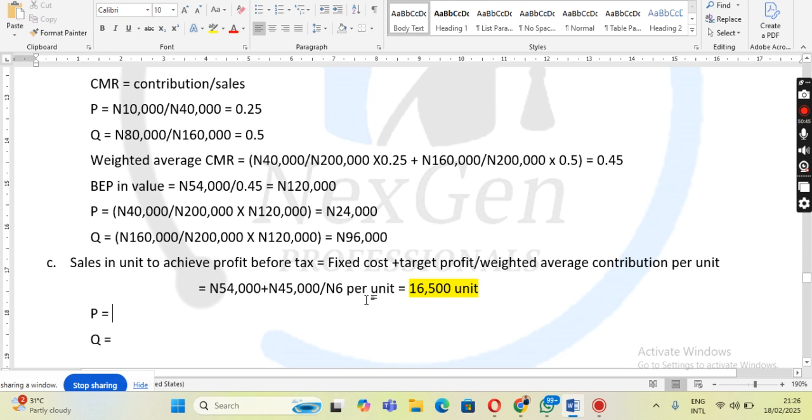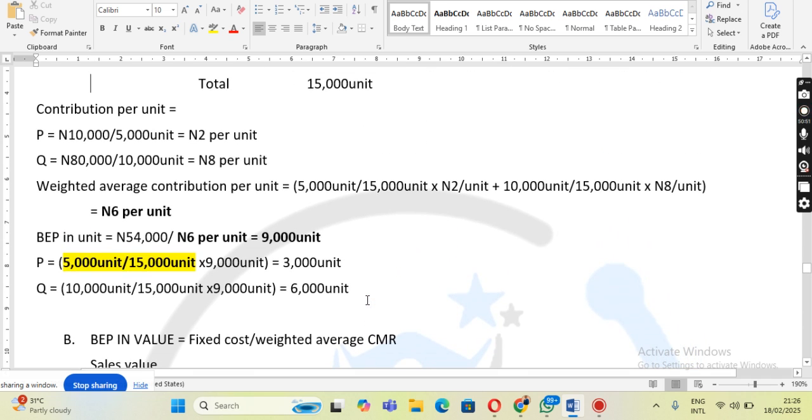So copy your sales in unit mix. Let's go back to our formula. You can see it here. Under multiple products, it is the mix first, times the total, before you do what you want to do.